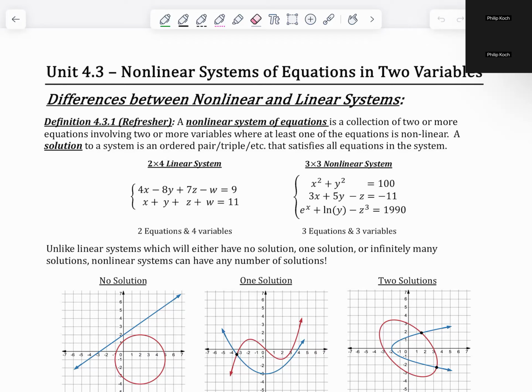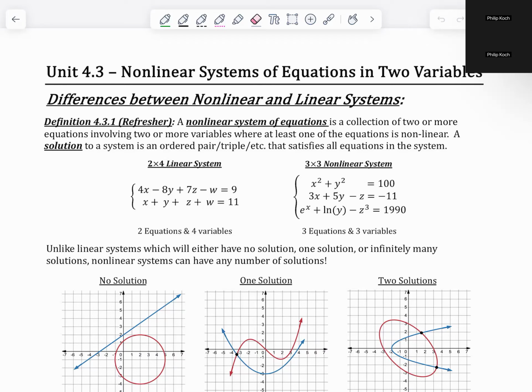Focus. Okay, so the topic we're going to go over now is nonlinear systems. A nonlinear system is a collection of two or more equations where one or more of the equations is nonlinear.